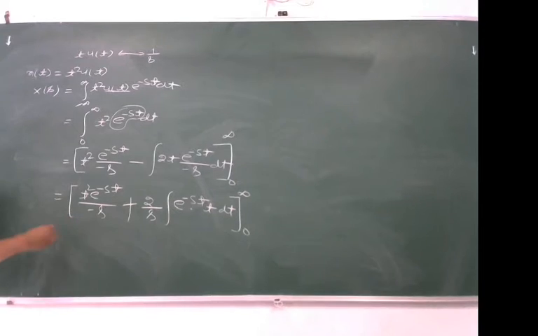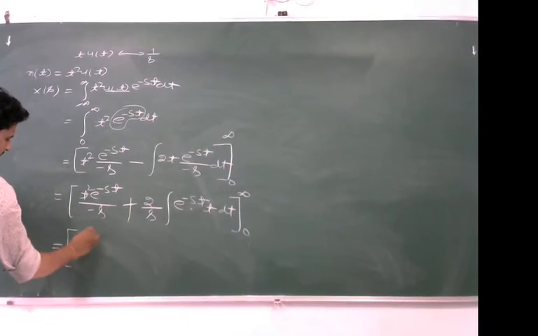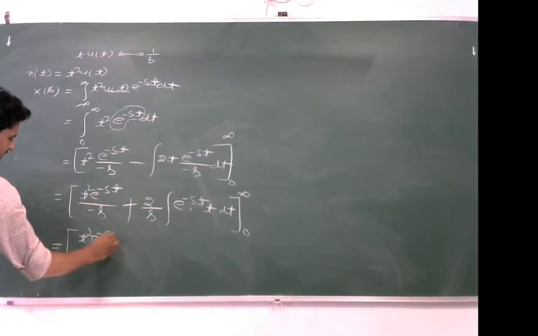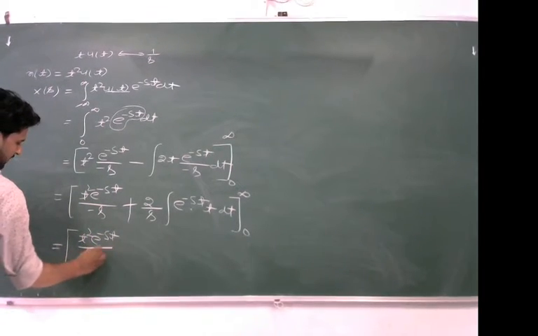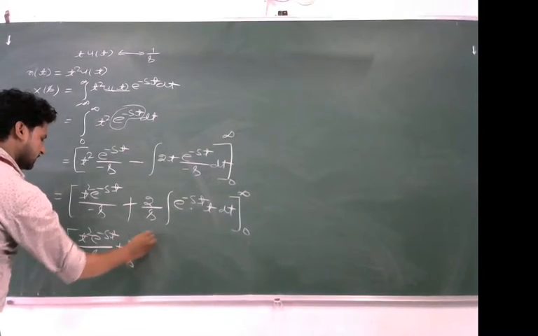Now this will become t square e power minus st by minus s plus 2 by s.